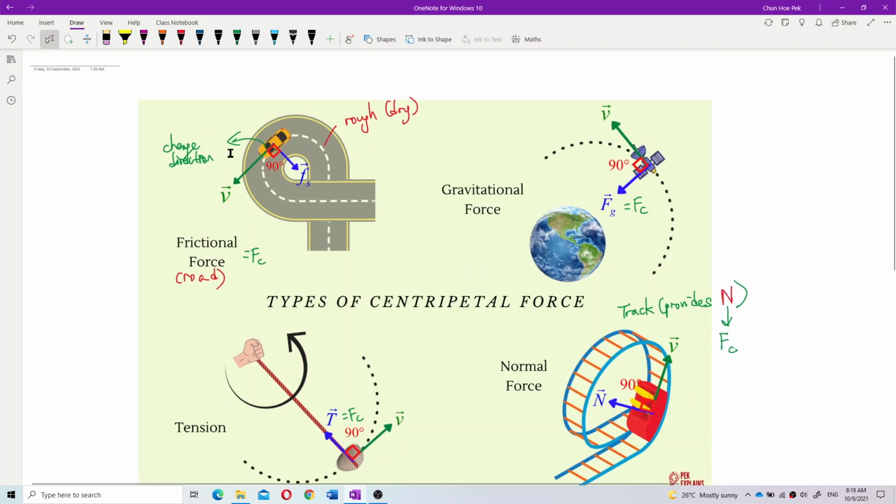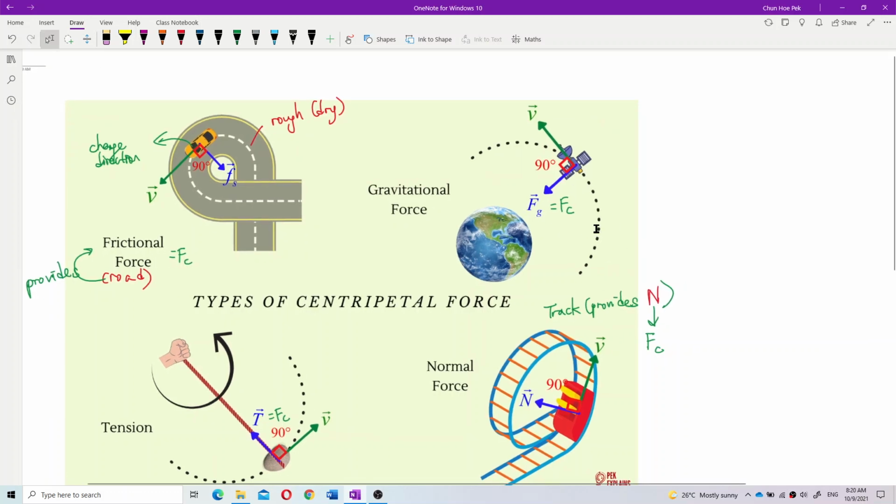Similarly, this road must provide enough friction for the car to move in a circle. Like this gravitational force, the Earth provides the gravitational force for the satellite to move in a circle.